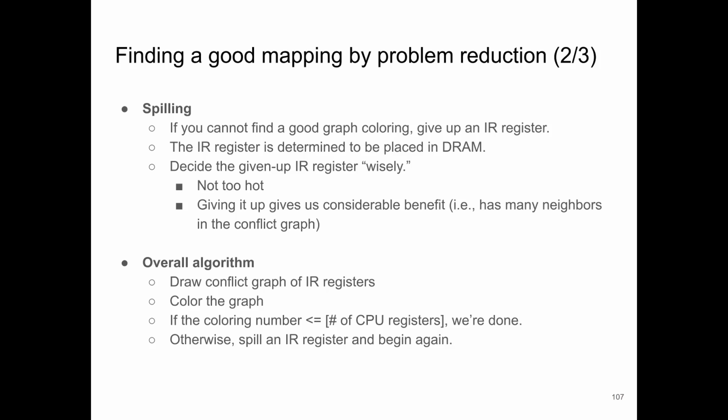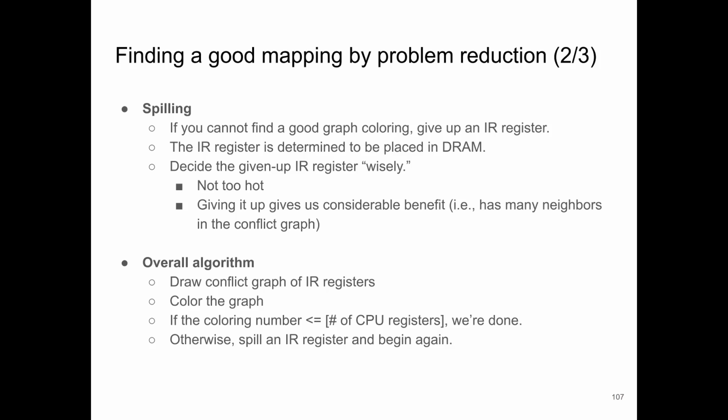Okay, so far I explained the overall algorithm, and here is a summary. The summary of the register allocator algorithm is that you first draw the conflict graph of IR registers using the notion of live ranges, and color the graph. If the coloring number is less than or equal to the number of CPU registers, then we are done. We can just map the colors to the registers.